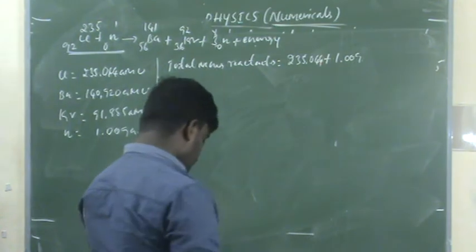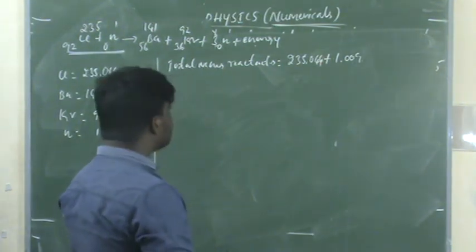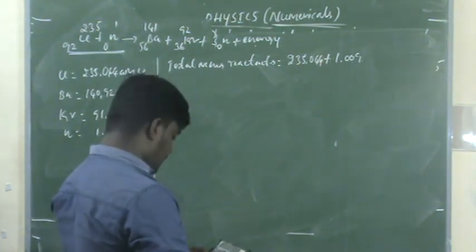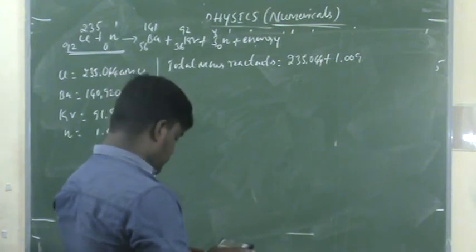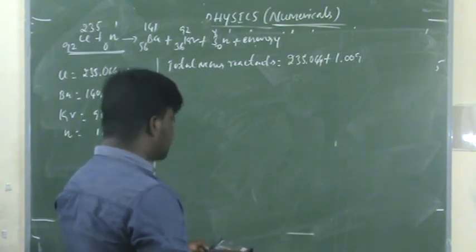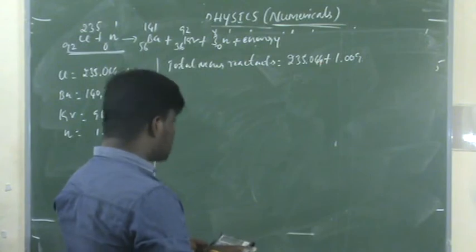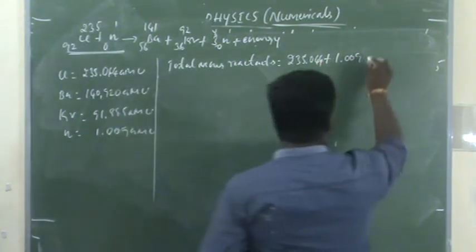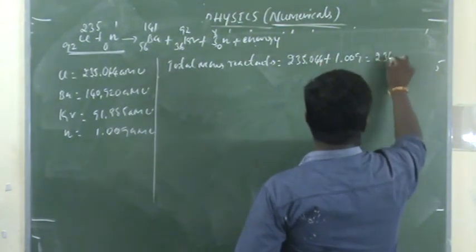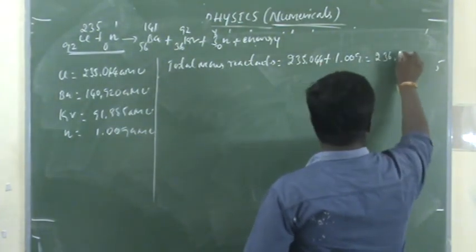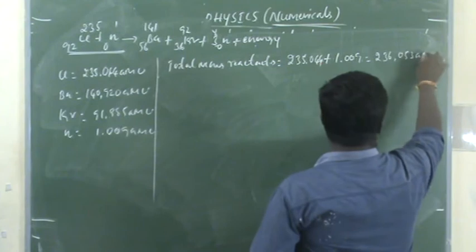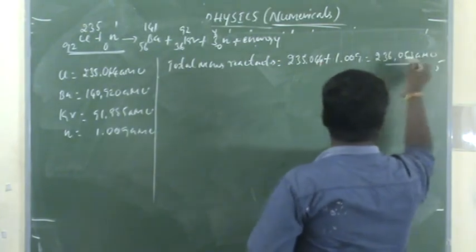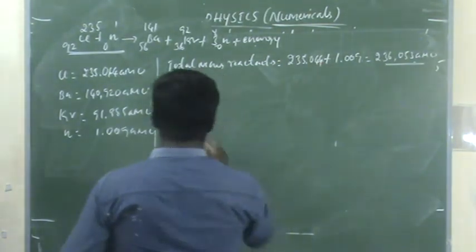So what is the value? 235.044 plus 1.009 equals 236.053 atomic mass unit. This is the mass of the reactants.